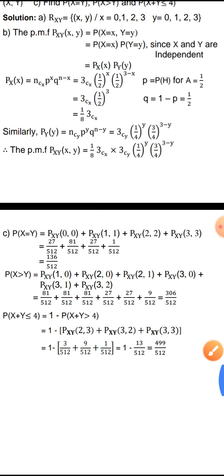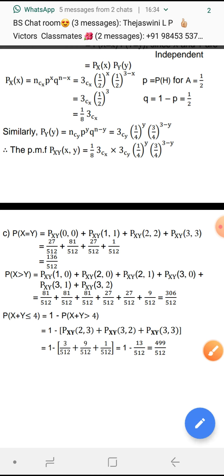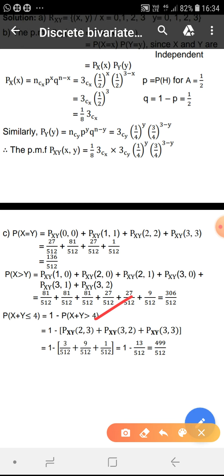So P of x plus y less than or equal to 4, or you can write it as 1 minus P of not this, means x plus y should be greater than 4. 1 minus P of x plus y greater than 4. Consider those x and y values where the sum will be greater than 4.